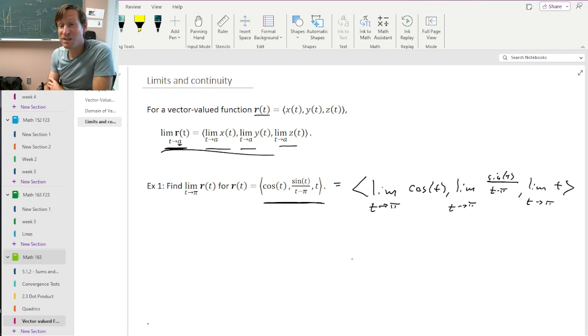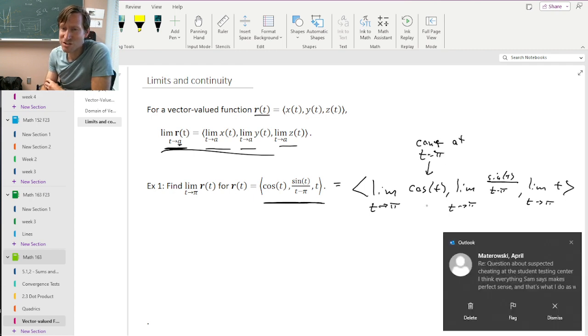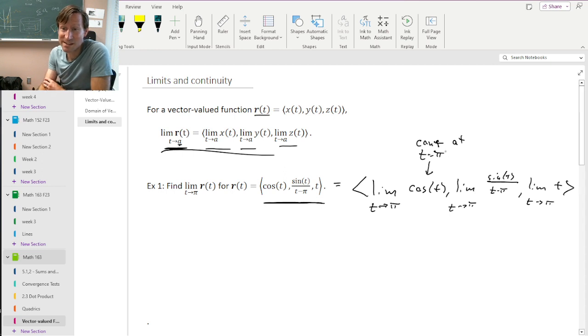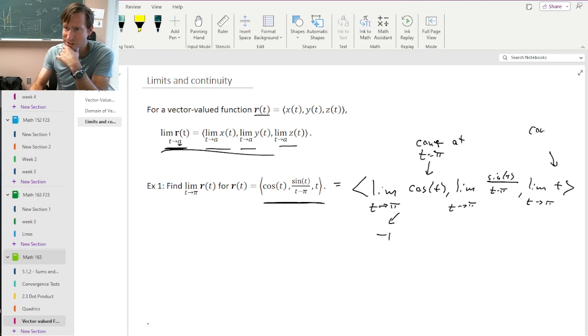Fortunately, two of these are straightforward, because cosine t is continuous at t equals pi, so it's safe to just plug in this t value. Cosine of pi is -1. Similarly, for our z coordinate function, t is continuous at t equals pi, and so we can just plug in pi and we get pi.